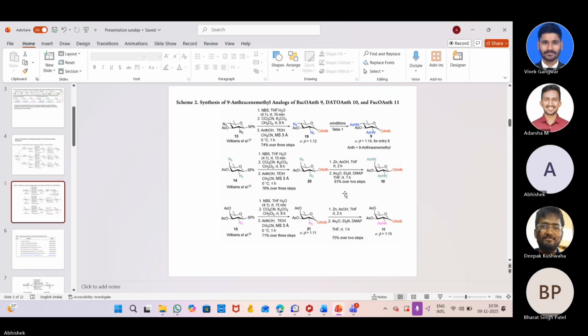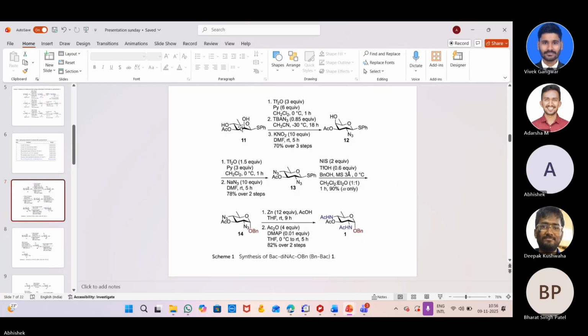Yes, thank you. Why are they changing the thioglycoside to TCA first and then doing glycosylation? In this paper he's starting from these molecules, the starting molecules. But we can just activate the thio directly. If there is a hemiacetal, then we can go directly for TCA and do the glycosylation.